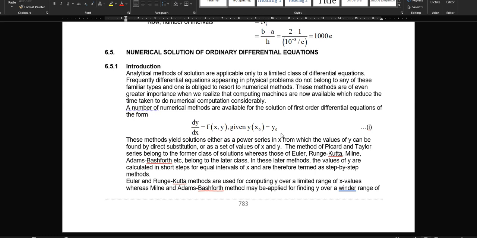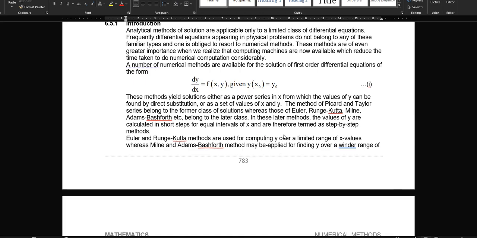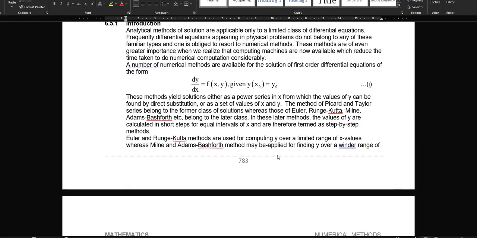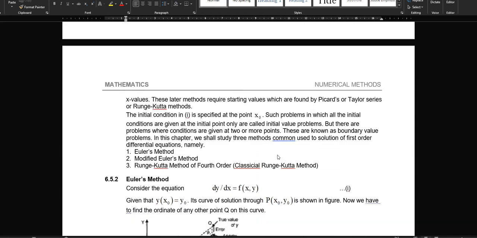So there are methods. We will be discussing three methods basically: Euler's method, modified Euler's method, and Runge-Kutta method for solving the differential equation.